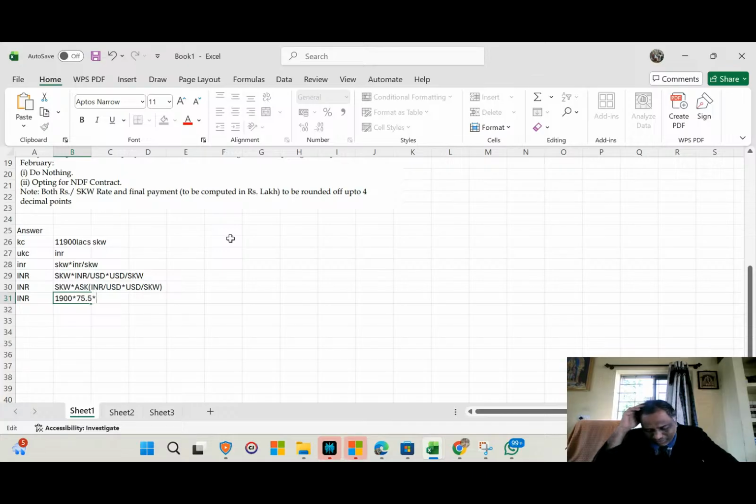So USD divided by SKW how much? The sell rate actually is 1190.75. The USD to SKW sell rate is 1190.75.